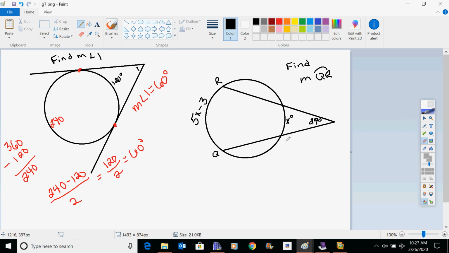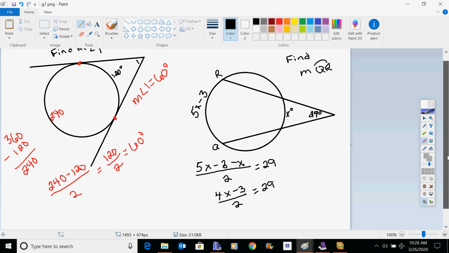And I've got an x here, so what I need to do is take this one minus this one and then divide by 2, and that's going to give us our x. So 5x minus 3 minus x over 2 equals 29. 5x minus x is 4x minus 3 over 2 equals 29.